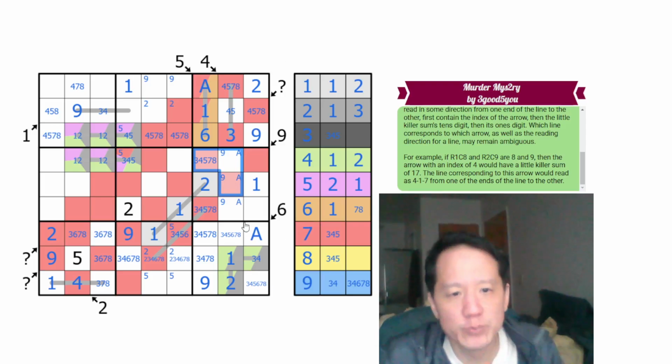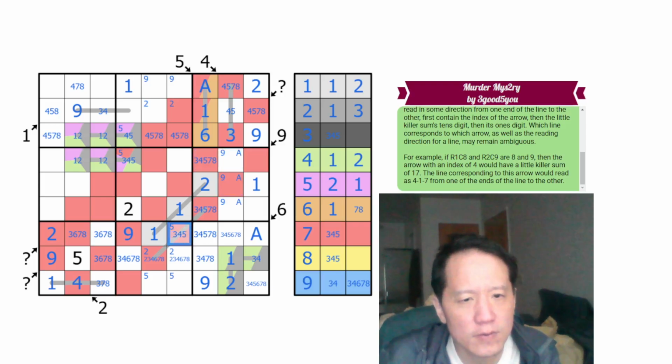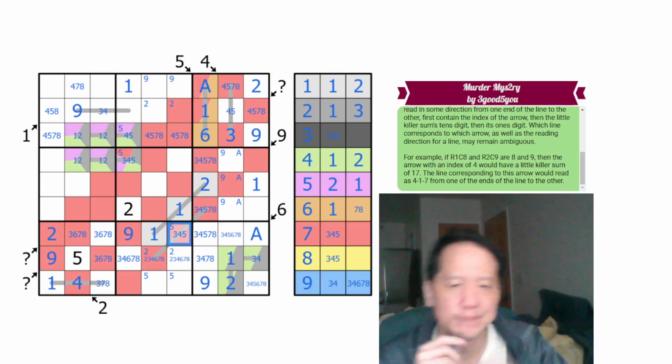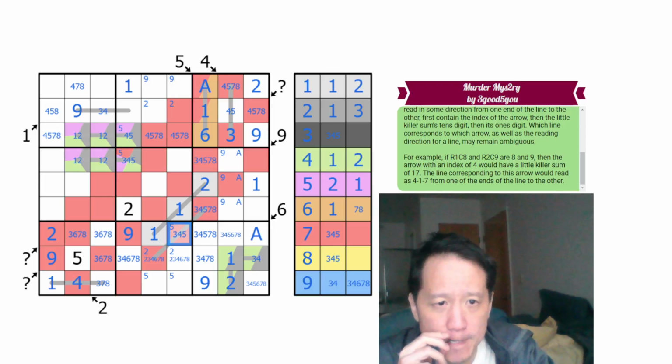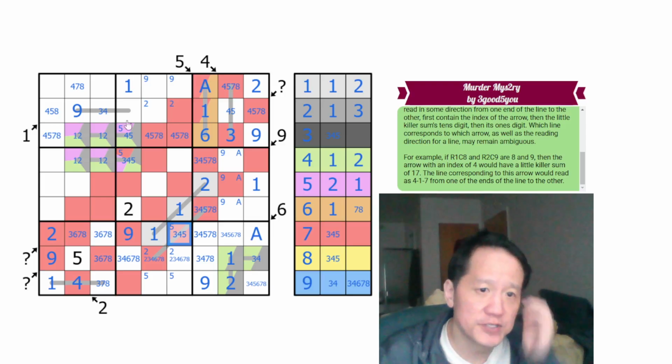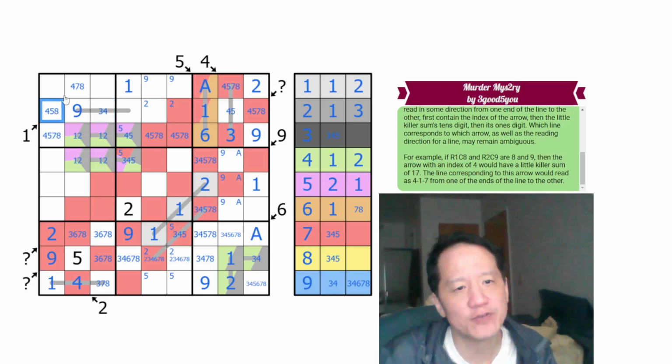This can no longer be 6, right? If this is 4, this would have to be 5 and 7 to add up to 12.